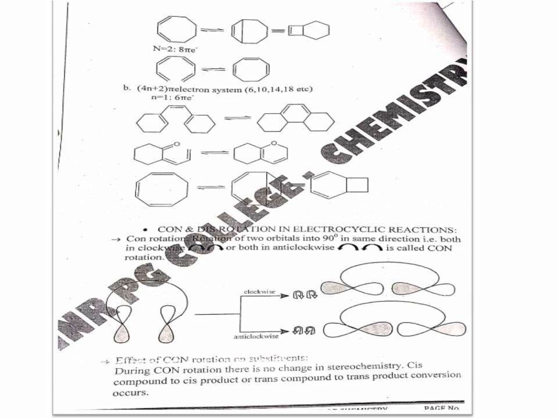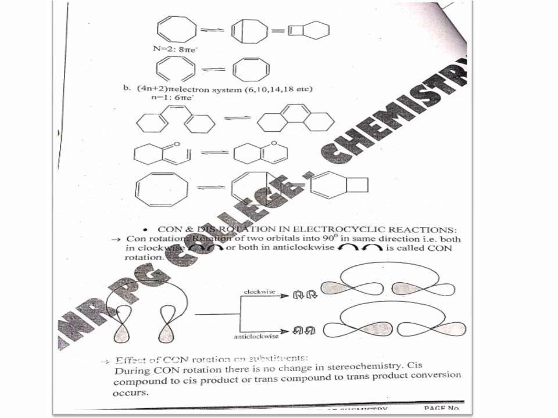Now, at the top, in the example, the compound on the left-hand side is cyclooctadiene. It is a monocyclic compound, and when it undergoes electrocyclic ring formation, it gives a bicyclic compound. When we try to identify whether this is a 4n pi system or a 4n plus 2 system, instead of the bicyclic compound, it is easy to consider the monocyclic conjugated diene system.